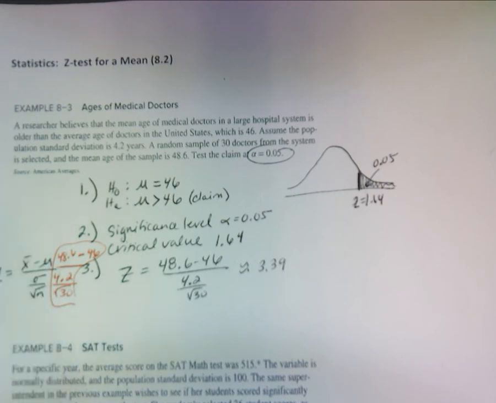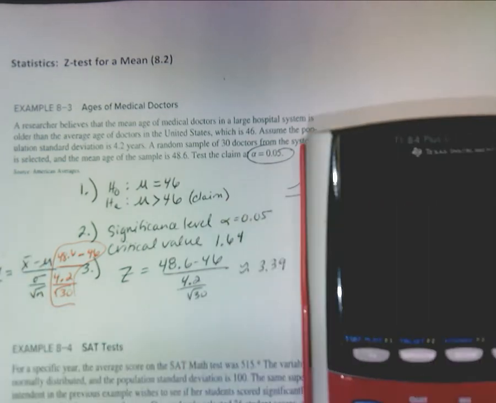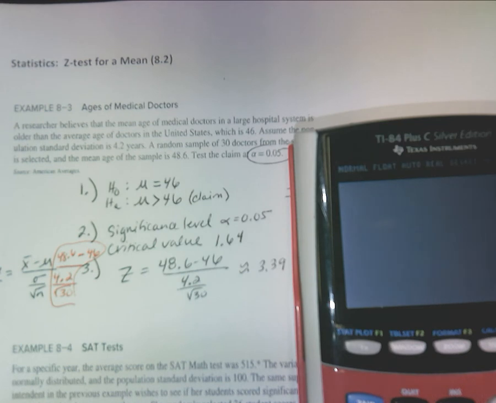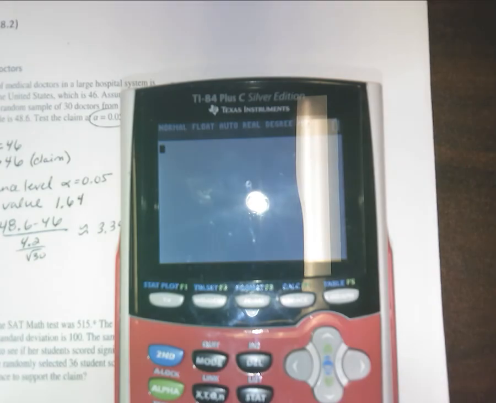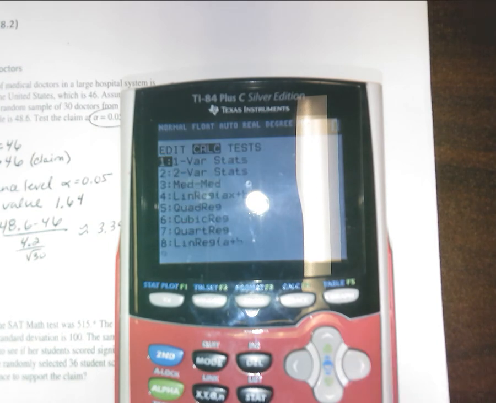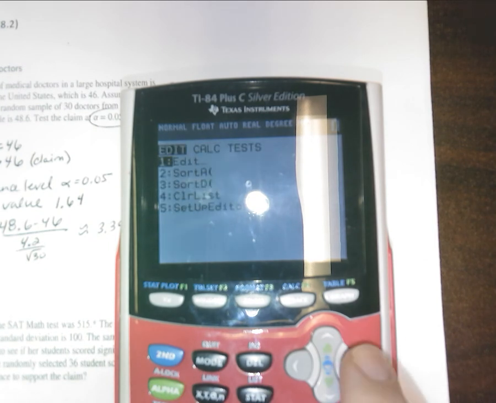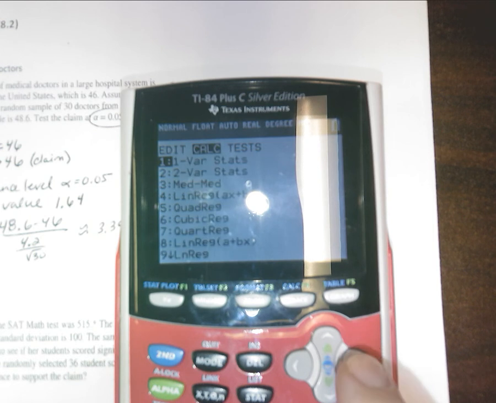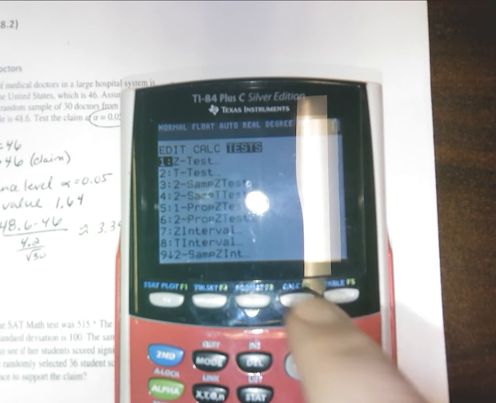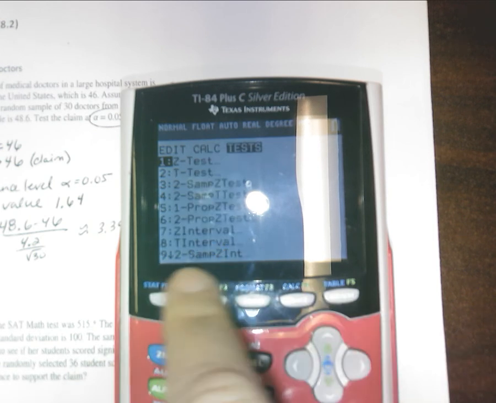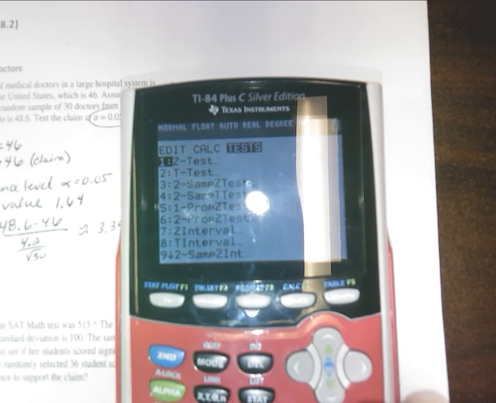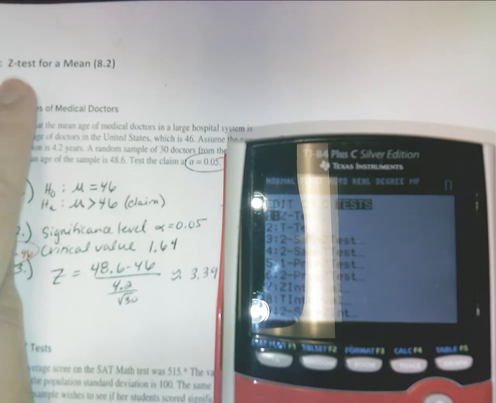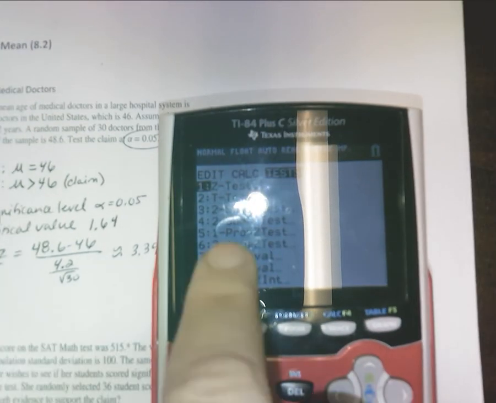Now, on your calculator, at this point, you are going to go to tests. Remember how we were going to Z interval, T interval? Well, we're not doing that anymore. We're doing a test, Z test. Z test, so go to number 1.